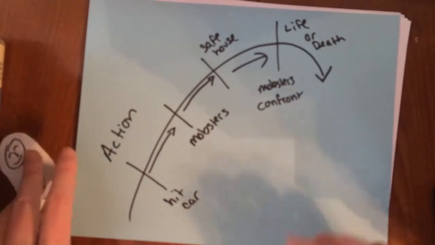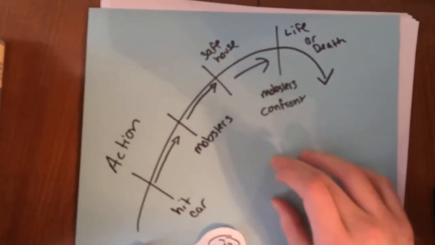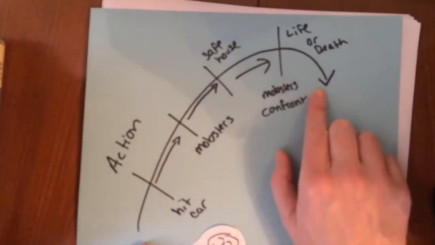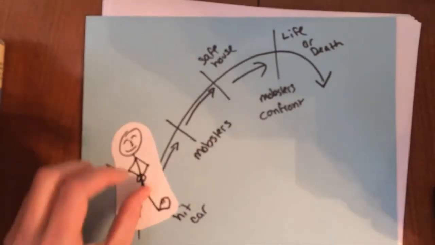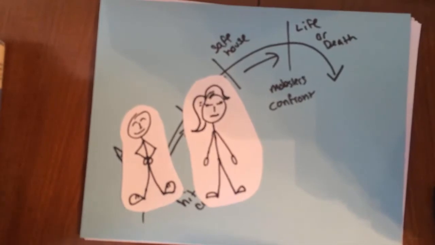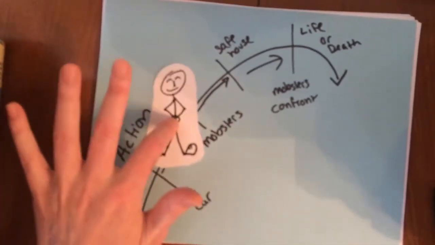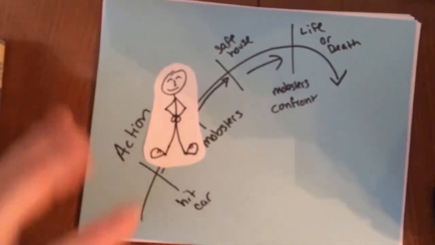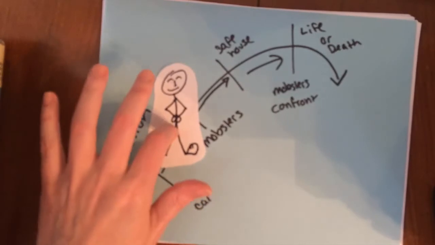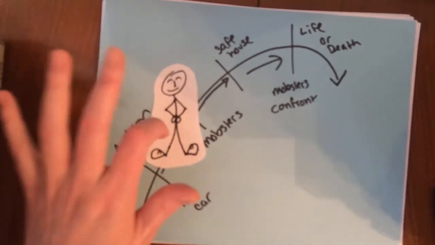Now, if you look again at the action plot, even the best genre stories with all of this tension are still driven by good character. I want you to think about Harry Potter or Star Wars, some of the most famous stories that we've ever heard. The reason why they work so well is because that character of Harry Potter, the sadness of him, the orphan that he is, the choices that he makes, the situations that he is put in, we can believe them because they are psychologically sound.